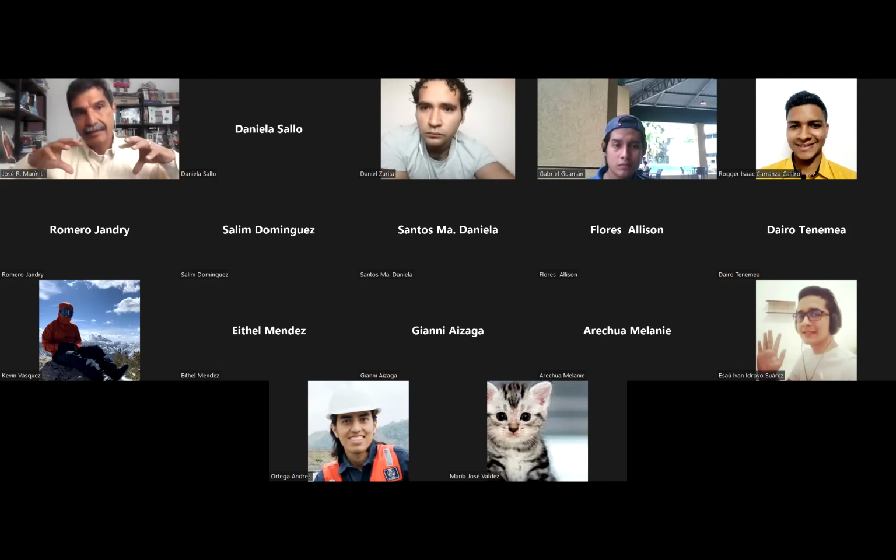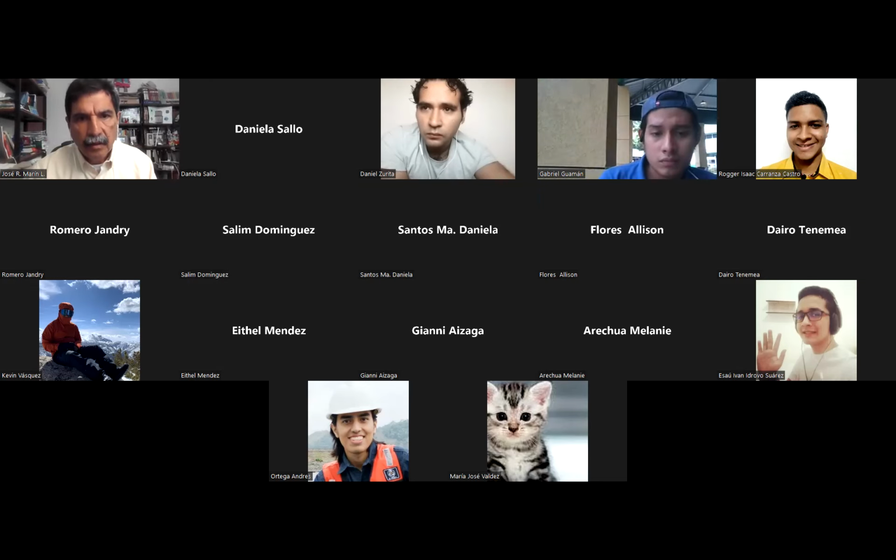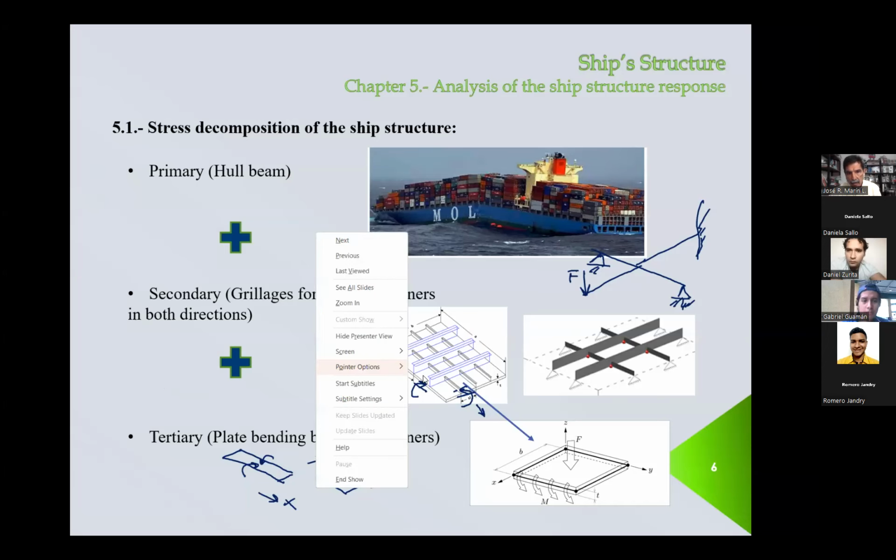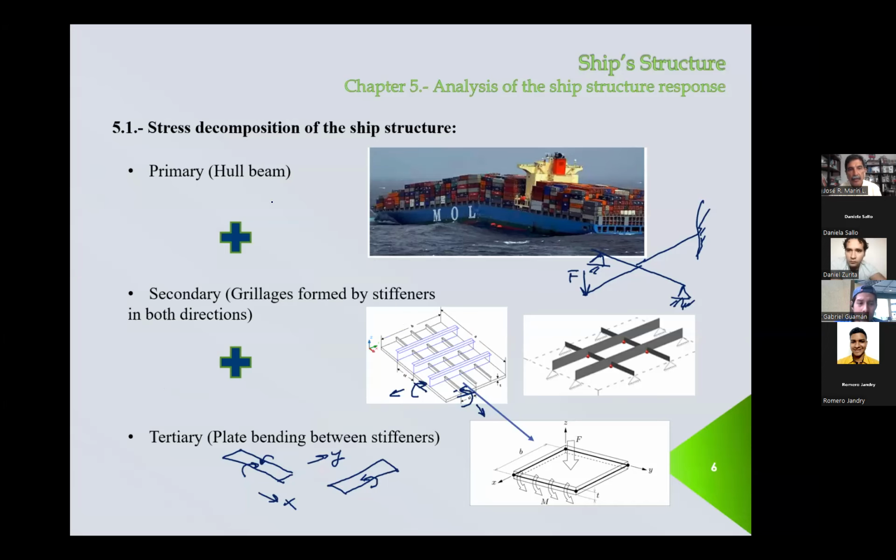They are related. For example, in the case of the hull beam, this is something that we are going to do tomorrow in the lab.